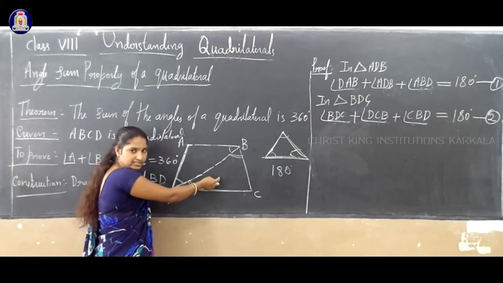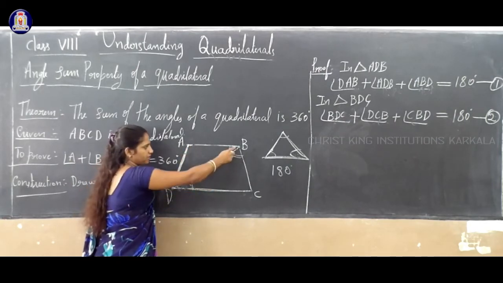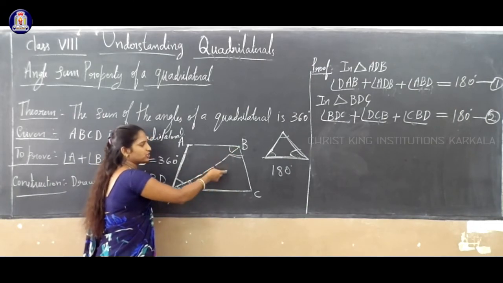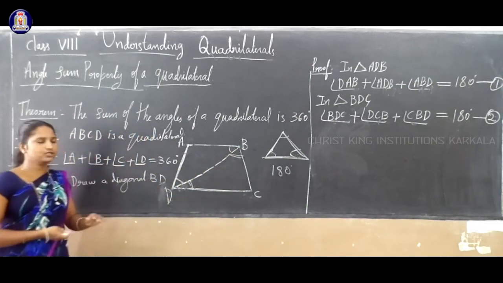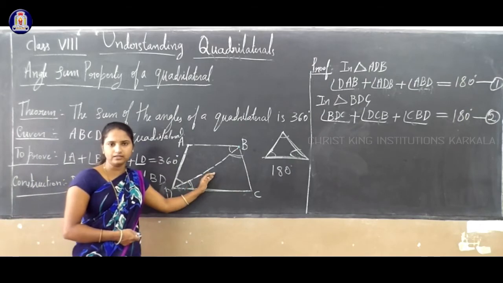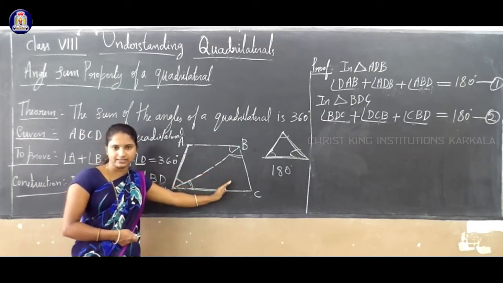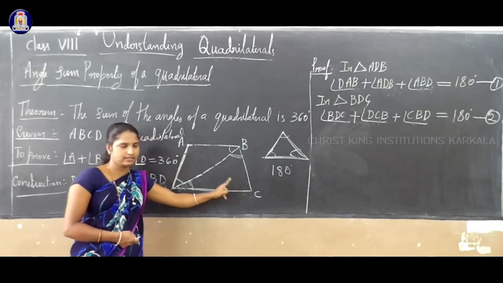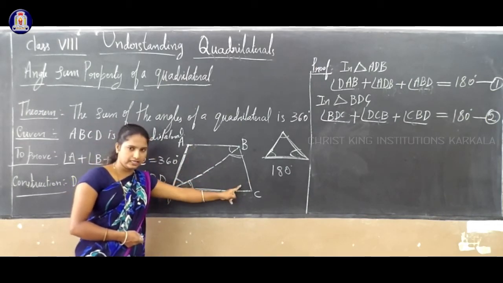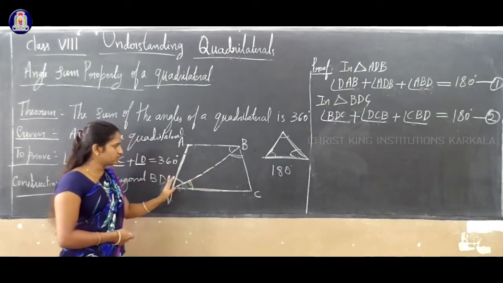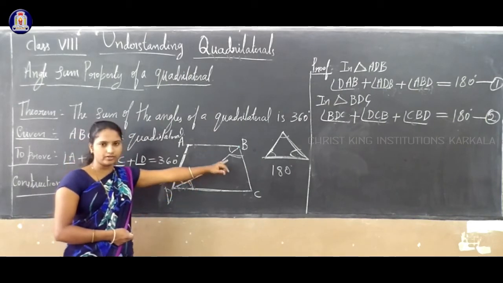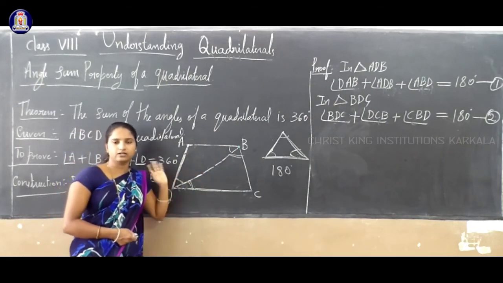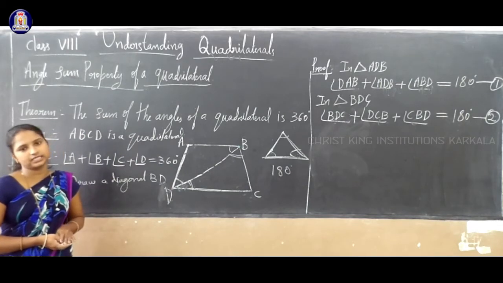To get 360 degrees, you have to take this part, means triangle ADB and triangle BDC. These two triangles you have to add. Clear? Then you get the quadrilateral. Correct? So now you add angle A and angle C, similarly angle D and angle B. All the angles you have to add. Then you get the answer 360 degrees.